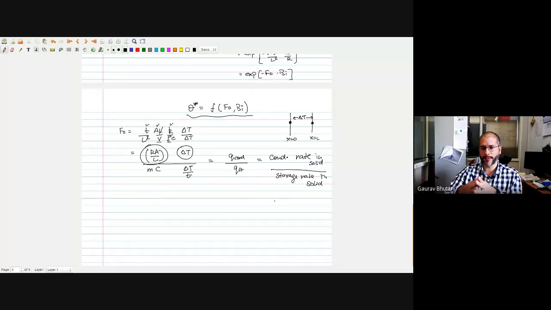So today we will look at the solution for this bar, the rectangular bar that we have been talking about. But you can solve this for cylindrical and spherical coordinates as well. I won't solve it in front of you. I will give you the solution and then we'll analyze that.